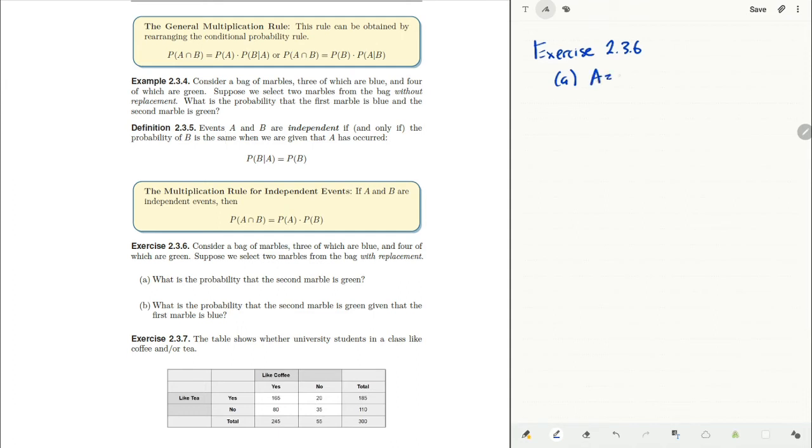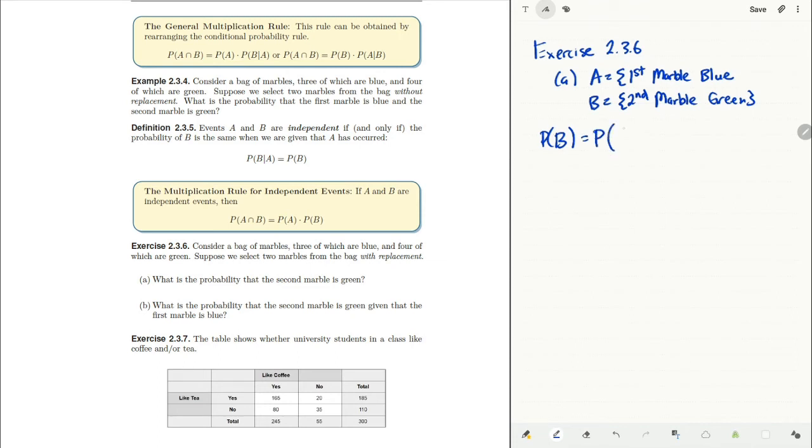So if we define the events A and B as before, where the first marble being blue is the event A, and the second marble being green is the event B. So here we're looking for the probability of B. So there are 2 possibilities that can occur.